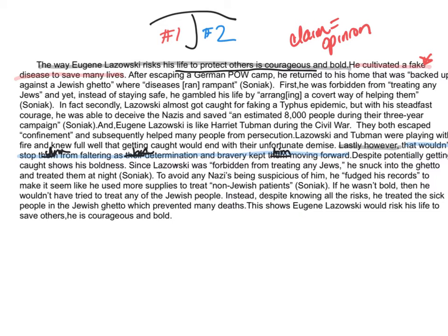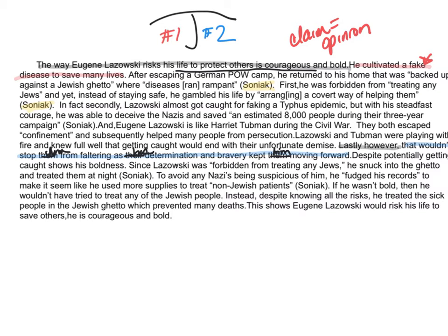After escaping a German POW camp, he returned to his home that was backed up against a Jewish ghetto where diseases ran rampant. Cited. Oops, I meant to highlight that, and I accidentally erased that. Let me hit the highlighter. That is cited. Awesome. First, he was forbidden from treating any Jews, and yet, instead of staying safe, he gambled his life by arranging a covert way of helping them. Cited.